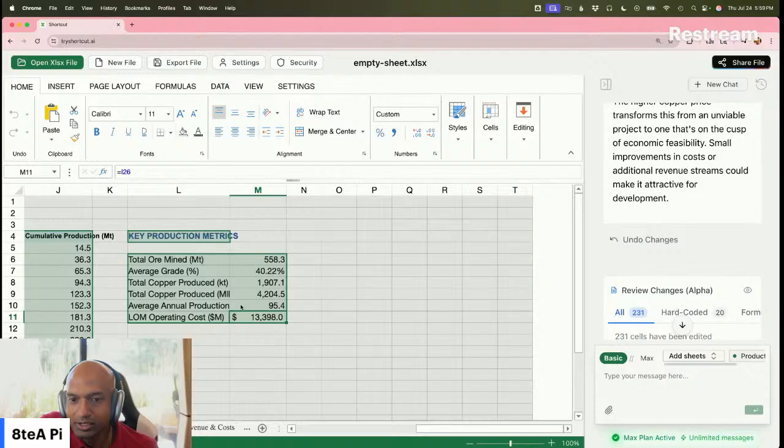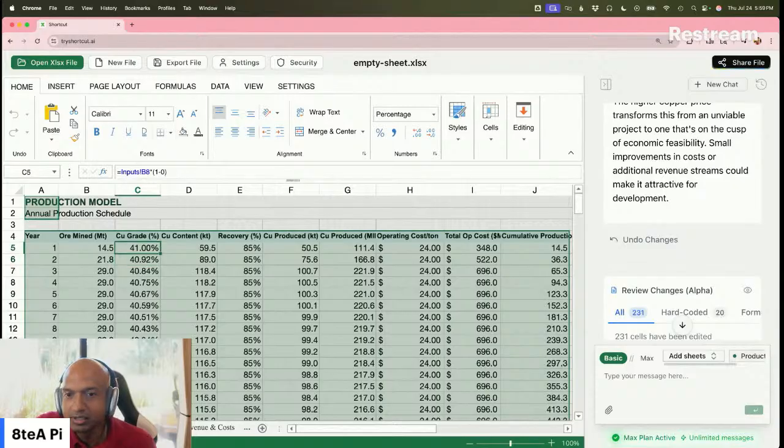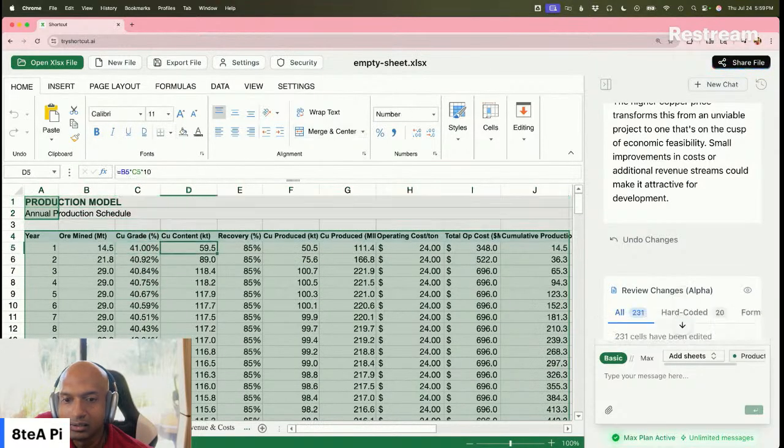This would feed through to here, the grade. Let's see. All right, so this is cell inputs B8 multiplied by 1 minus 0. All right. Okay. And B5, ore mined, 14.5 million tons multiplied by 41.